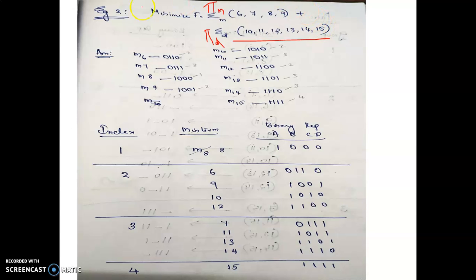You have to find out pi M, pi max terms, by within brackets representing the max terms which are not in 6, 7, 8, 9 and 10, 11, 12, 13, 14, 15, because the don't cares remain the same for pi also. So you have to represent the terms which are not in this min term and don't care. That becomes your pi m value, and then you have to repeat this process. So that is how this is done. Okay, hope that is clear.